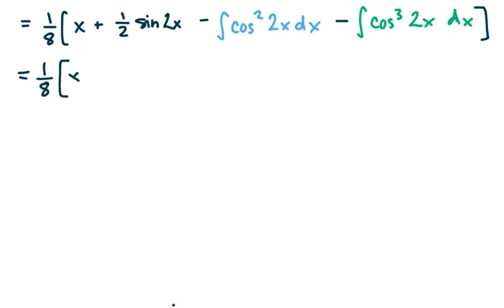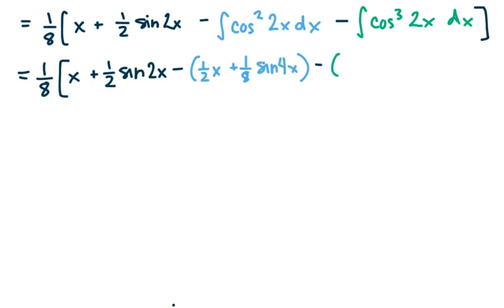I have 1/8 x plus 1/2 the sine of 2x minus the integral of cosine squared 2x, which we said was equal to 1/2 x plus 1/8 the sine of 4x, minus the integral of cosine cubed of 2x, which was equal to 1/2 sine of 2x minus 1/6 sine cubed of 2x.